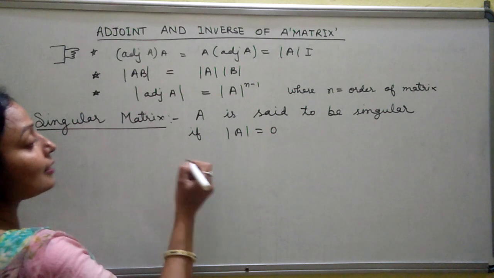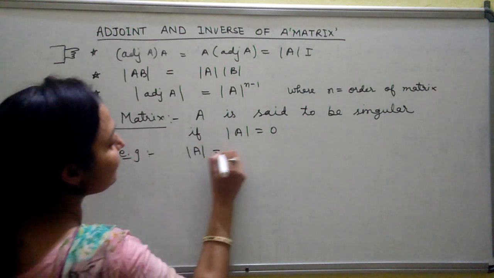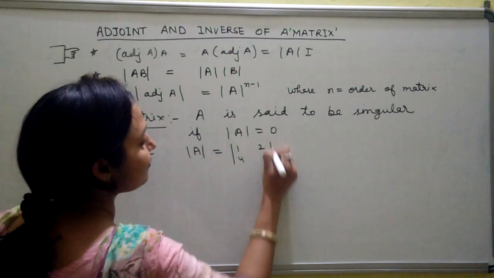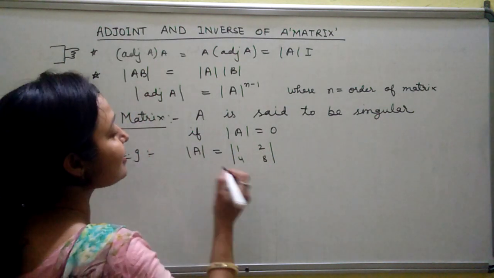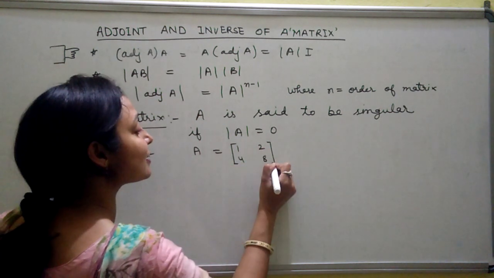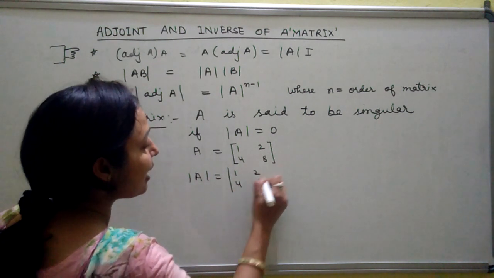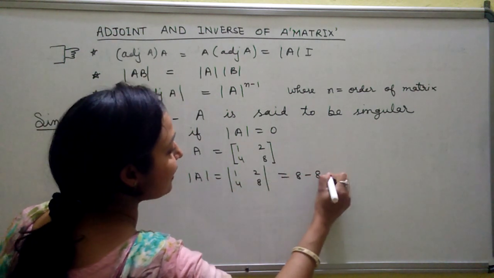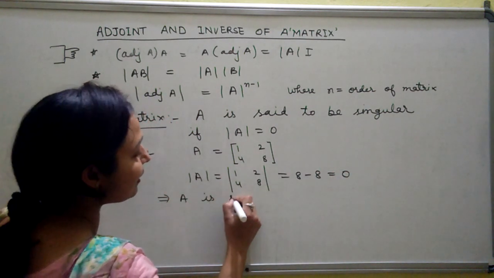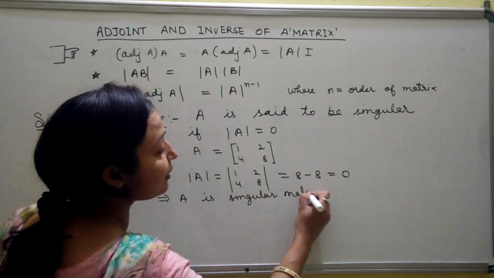For example, let us suppose A is the matrix 1, 2, 4, 8. After that we will change it into the determinant: 1, 4, 2, 8. I will check: 8 minus 8 equals 0. This implies A is a singular matrix. Actually this is a matrix which we convert into a determinant.